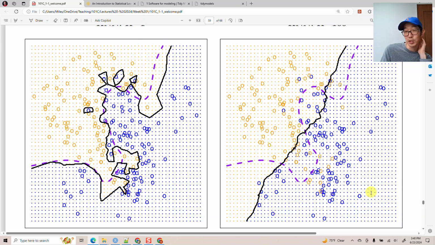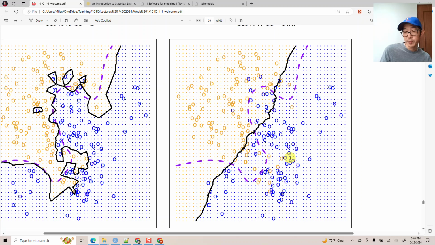Out here, maybe your 100 nearest neighbors are mostly blue. Over here, your 100 nearest neighbors are mostly orange. And so the boundary that gets drawn between blue and orange is this black line, which doesn't approximate the true relationship, shown in this dotted purple line, very well.